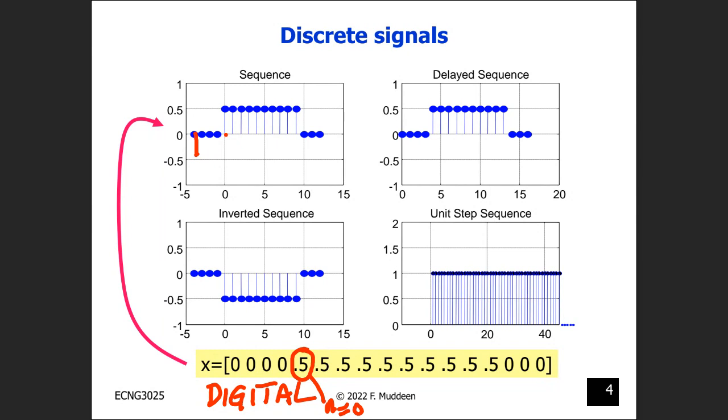There's a value at this point, there's a value at this point, and there's nothing in between. One of the big things to remember is that you cannot assume that because it is 1 here and 0.5 here and 0.5 here, that in between those two instances the value is 0.5. It is a reasonable assumption, but you have to be very careful if you make that. You have to say what the assumption is.